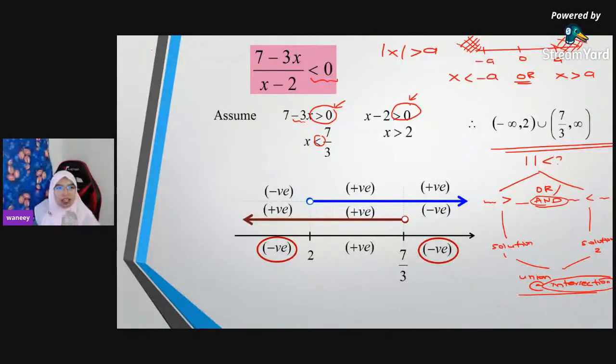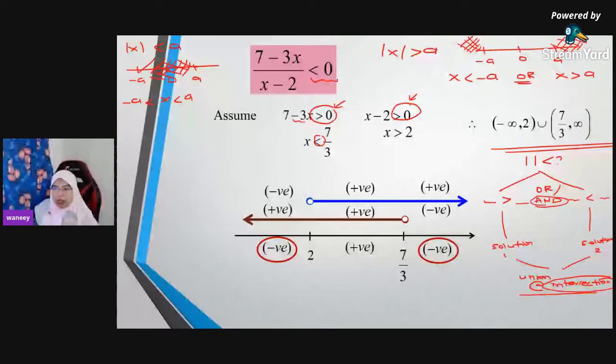Another one is that if you have absolute value of x less than a. When you draw your number line, this is a, negative a. So it should be somewhere in between here. So we started with x in between negative a and a. When you want to solve them, normally it can be quite tough because we can have x on the left hand side, x on the right hand side, and x in the middle.